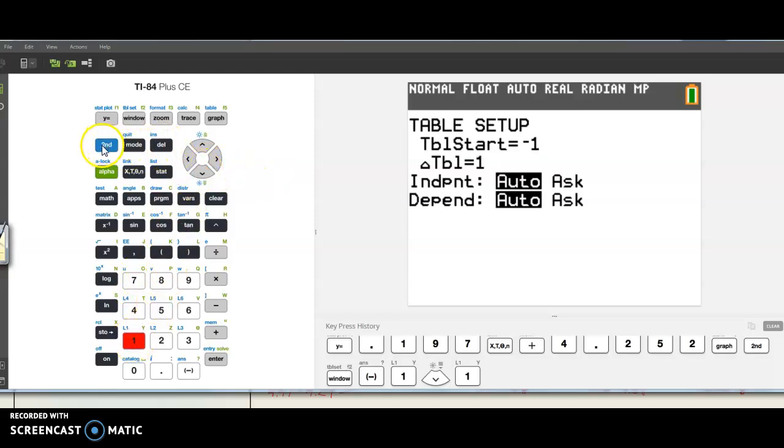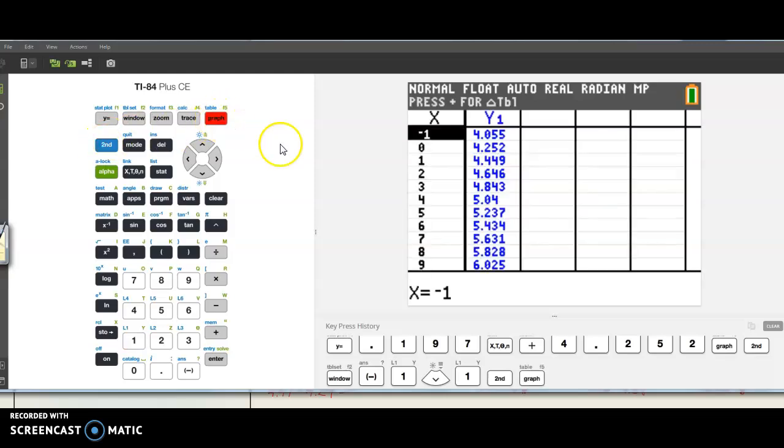So then if I take a look at my table, it predicts that the enrollment in 2003 would have been 4.055, and scrolling down a bit, in 2014, 6.222.